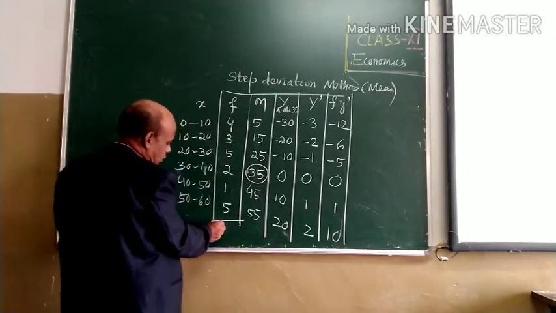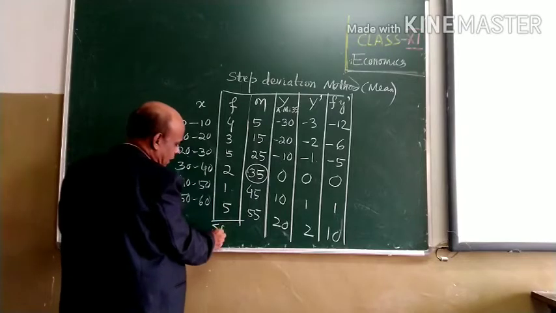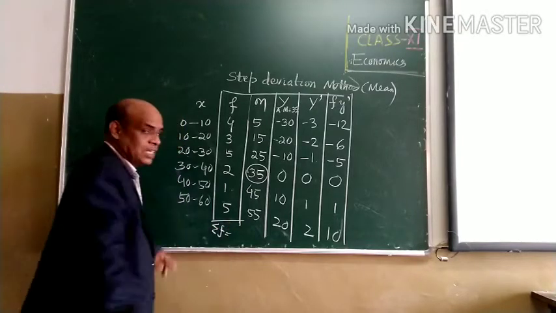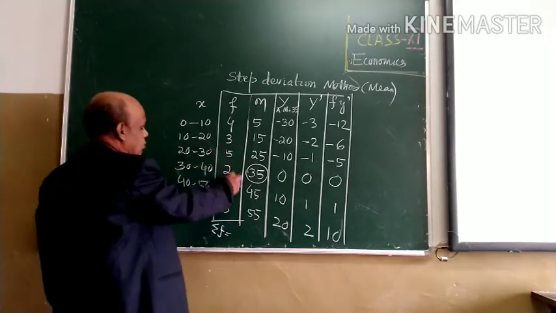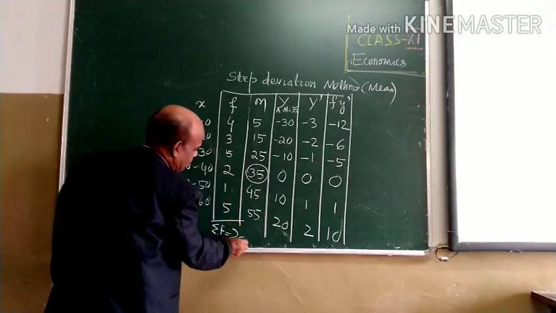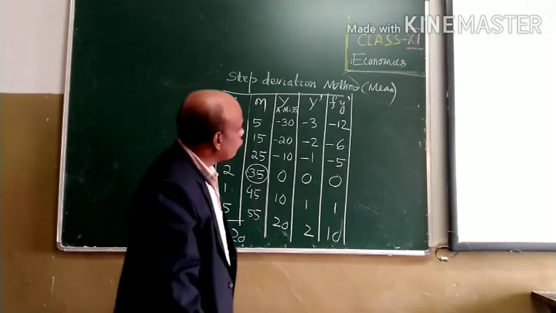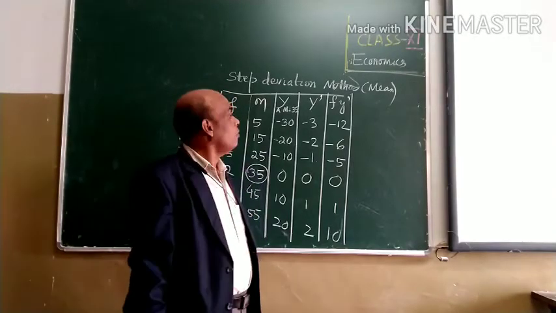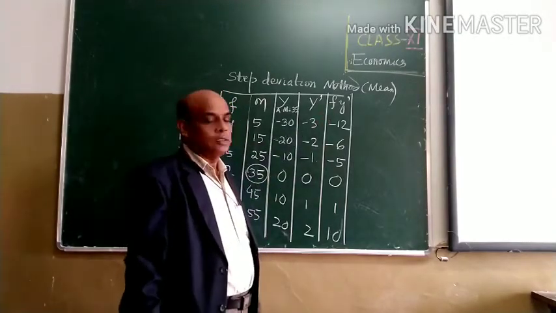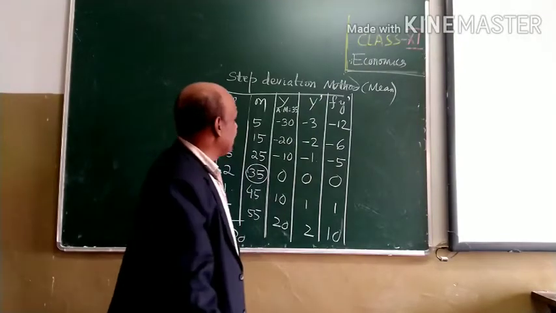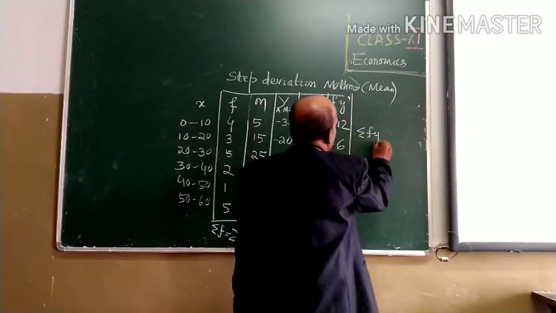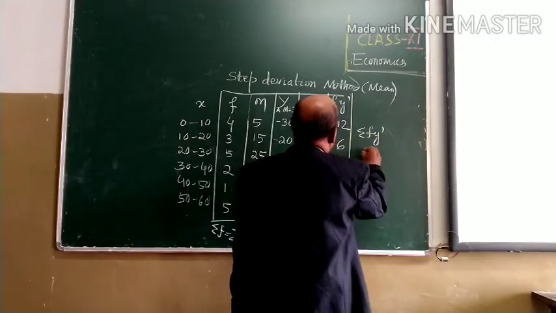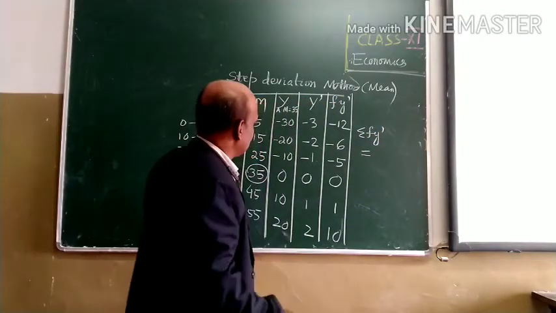So now we have to add the total frequency, that is the summation, also called sigma f. So what are we getting? 20. Sigma f is 20. Now calculate the sum of f y dash.